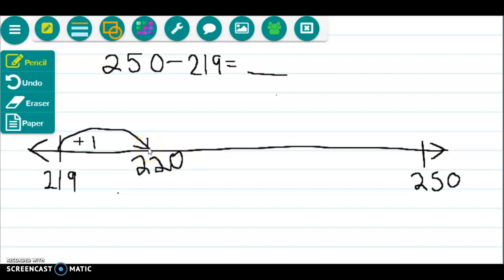You can do one of two things. You can make a huge jump and add 30, or you can add 10 at a time. So 220 plus 10 will give you 230.